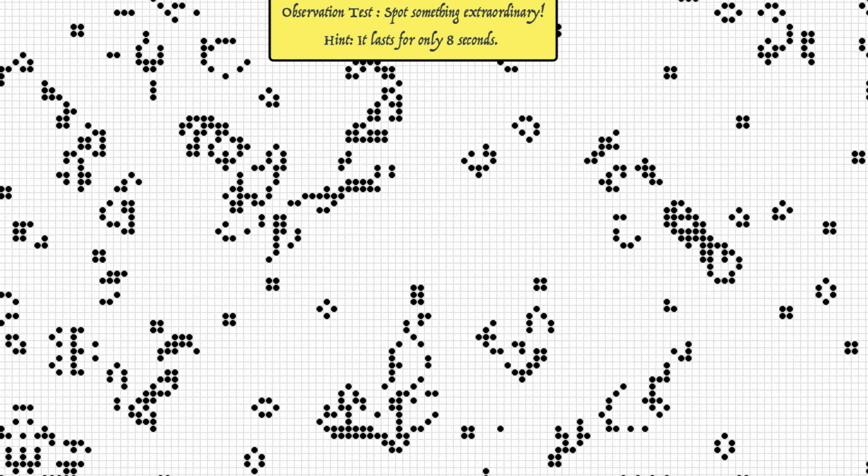Now I'm going to start up this random array of dots and you're going to see something quite incredible. Only 8 seconds it lasts for. See how observant you are. See if you can spot something extraordinary. So here we go.